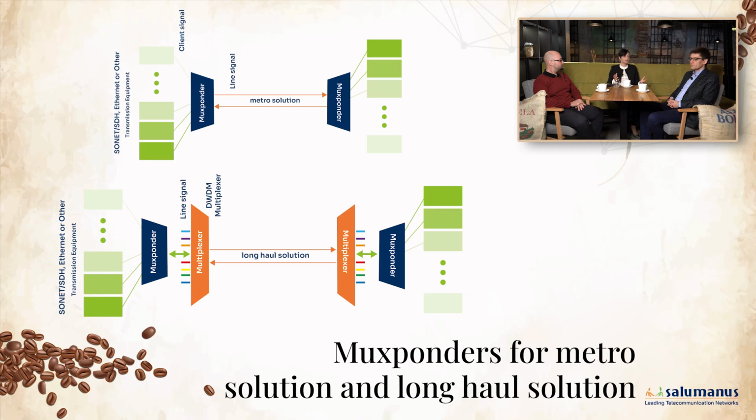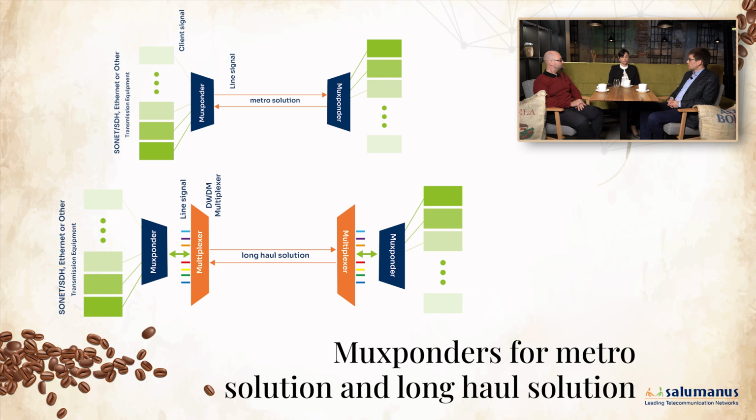Muxponder use is really very popular lately, especially when we're talking about a mix of different services connecting between data centers or offices, in a metro environment or even a long-haul environment.